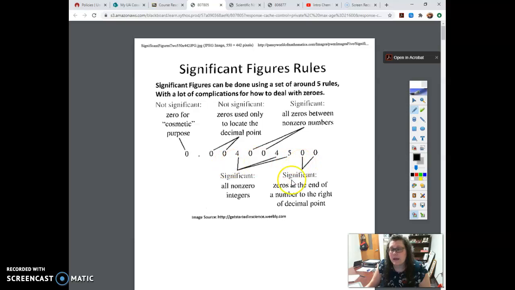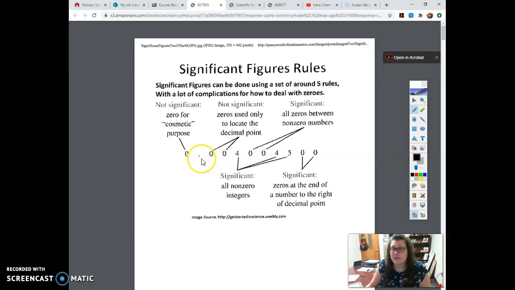And then zeros at the end of a number to the right of the decimal point. So our decimal is here and we're to the right of the decimal. Those are also always significant because they tell us how precise that number is. So all non-zero numbers are always significant. Zeros in between non-zero numbers, always significant.